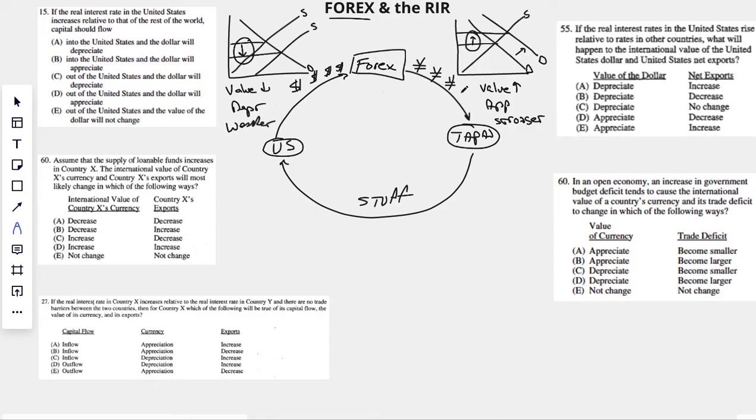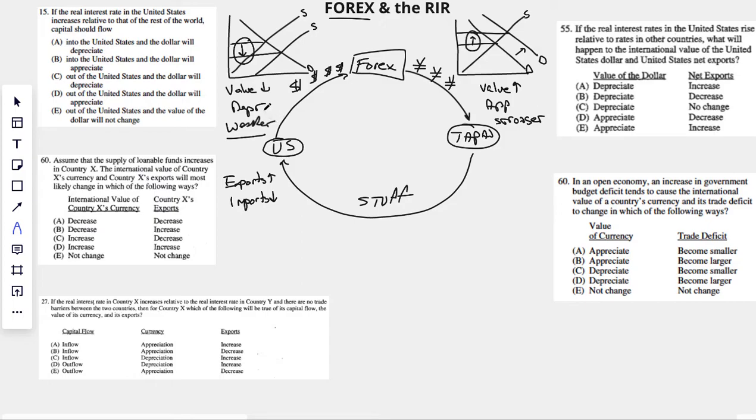A couple things we need to know that will help in the long run for doing these is that if your currency is getting weaker, we know your exports are going to go up. We know your imports are going to go down. And this should make sense, right? As your currency is weaker, American goods look relatively less expensive to Japanese because they actually have to give up less yen to buy $1.